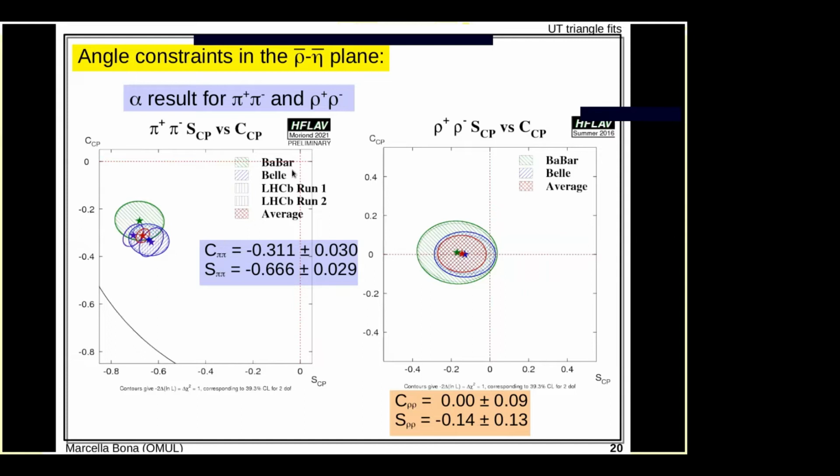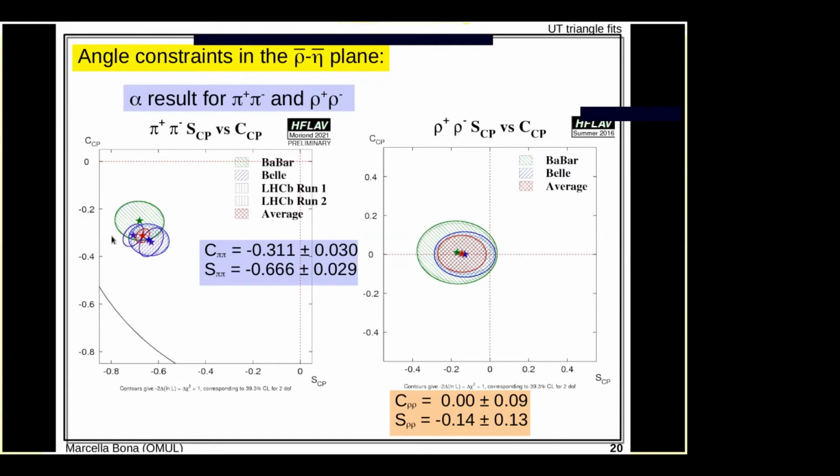But I'm not going to go into details there, I don't have time, but this is the C component and the S component, so the coefficient of the cosine of the oscillation or the sine of the oscillation, if you want. And you see how the two cases are rather different.